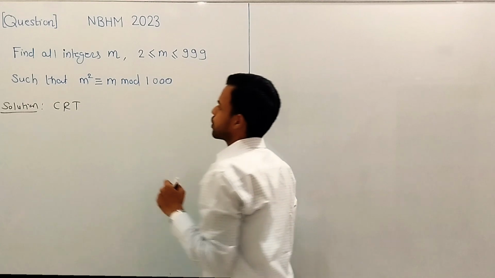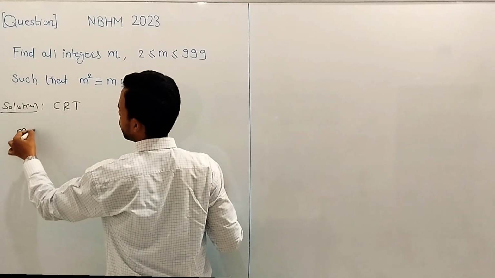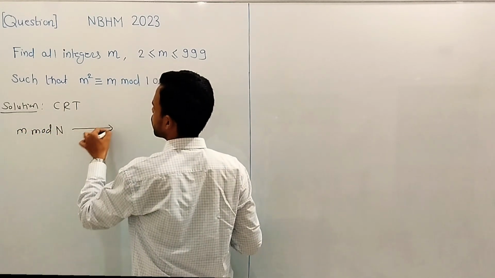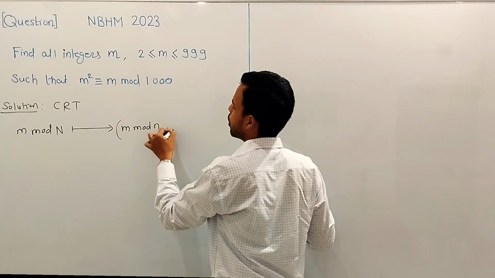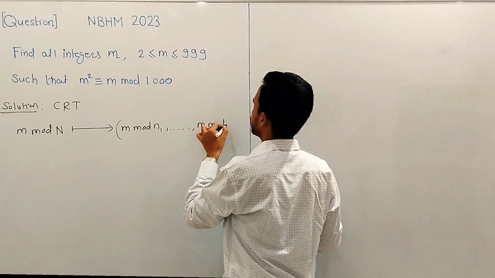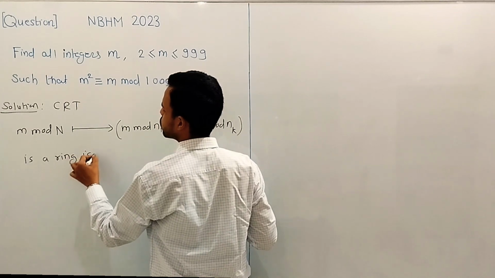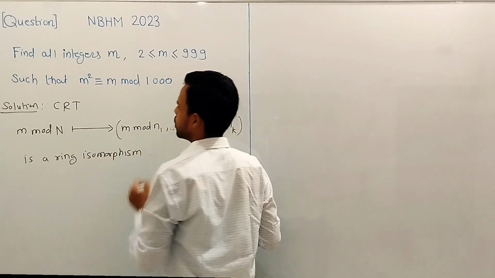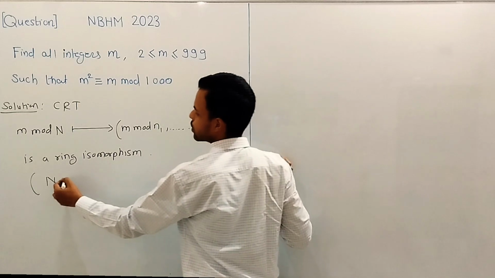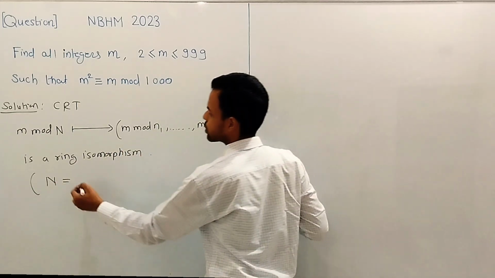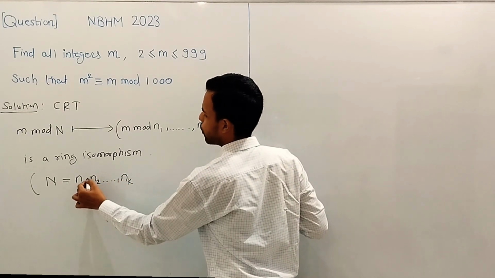The Chinese remainder theorem can be stated as: the mapping m mod n maps to m mod n1 up to m mod nk is a ring isomorphism, where this integer n is a positive integer and can be written as a product of prime powers n1, n2 and so on nk.